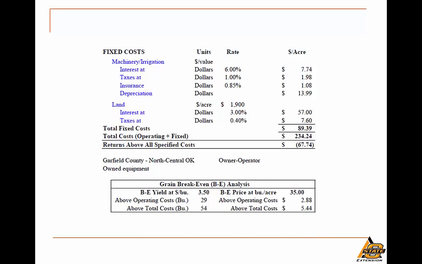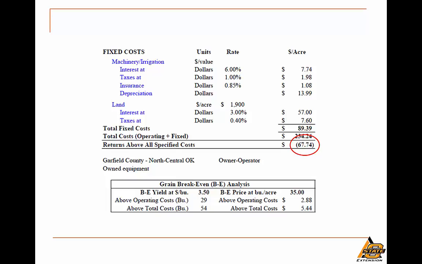However, the returns above all specified costs is negative, which means insufficient income is generated to cover all of the costs specified. The enterprise is not generating a true economic profit and is not self-supported because we just don't have enough revenue to make a payment for all of the cost items specified.